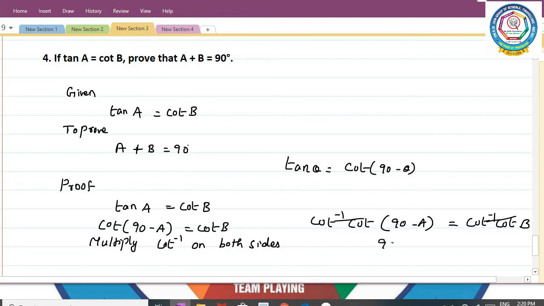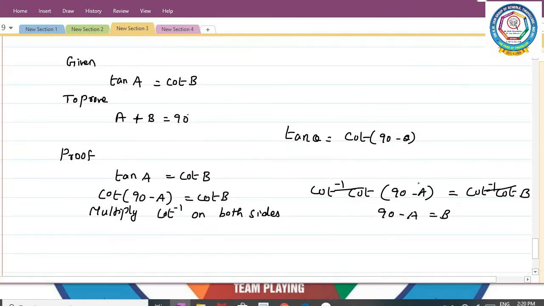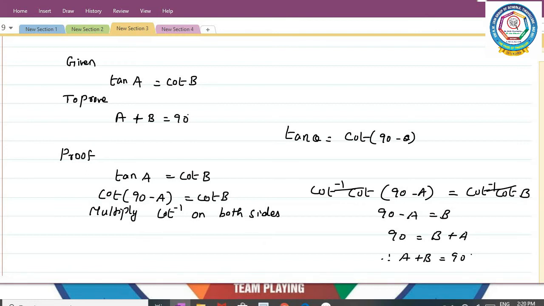So remaining 90 minus A equal to B. So next step: 90 equal to B is already there, minus A comes that side plus A. Therefore A plus B equal to 90 degree. So proved.